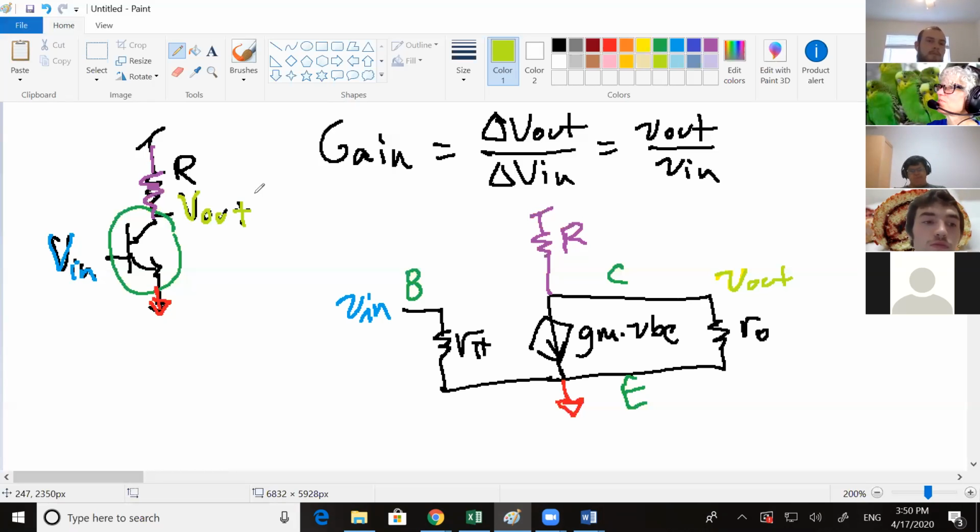So any other voltage sources, you need to ground. Are there any voltage sources in here that aren't related to moving signals? VCC. So we take VCC and we ground that one too.